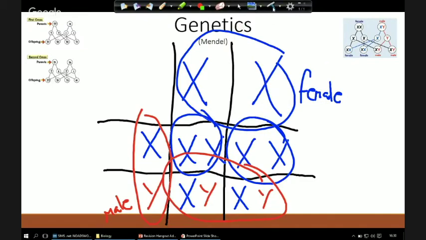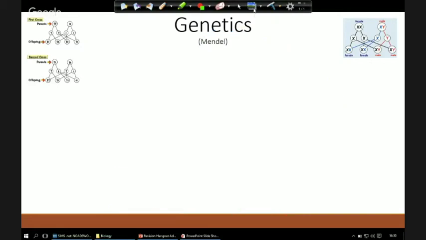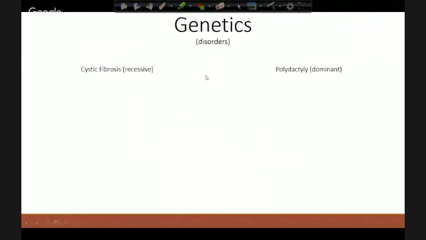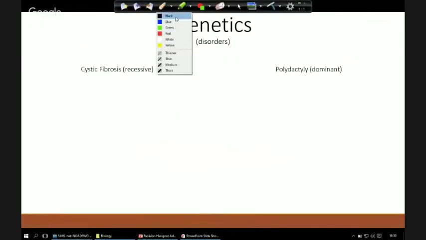Now, along with genetics and Mendel, we need to look at some of the disorders. And again, we'll use the Punnett Square method to talk through them. So the first that we're going to look at of our genetic disorders is something called cystic fibrosis.